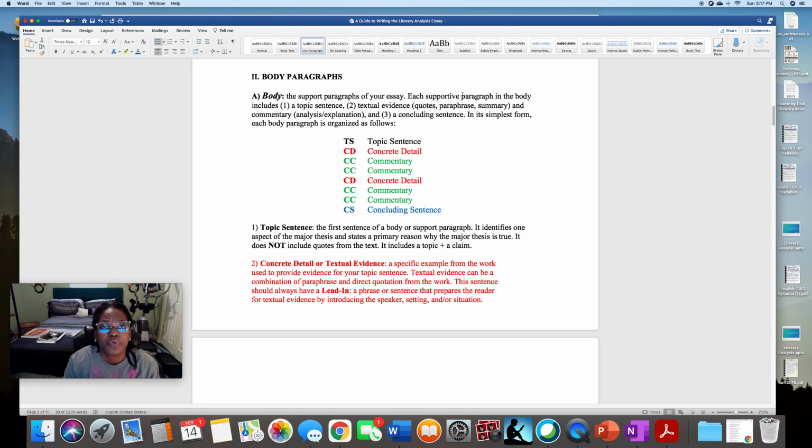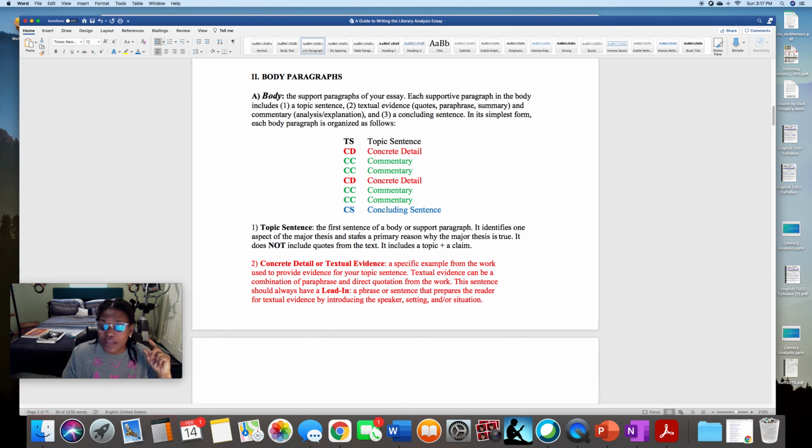I came up with this acronym that was actually given to me in a set of instructions that I bought a long time ago from a company. And so I'm going to show you this format in order for you to know what your body paragraph should look like, right? The topic sentence is going to be the first sentence of your body paragraph.